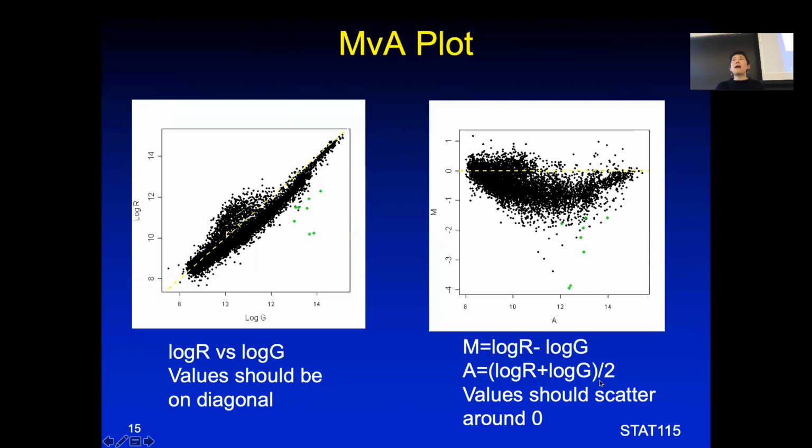This is the geometric mean, right? I can now write directly in here, this is red and green, right? That's what the A is. It roughly calculates the average expression of this gene between the 2 samples, okay?